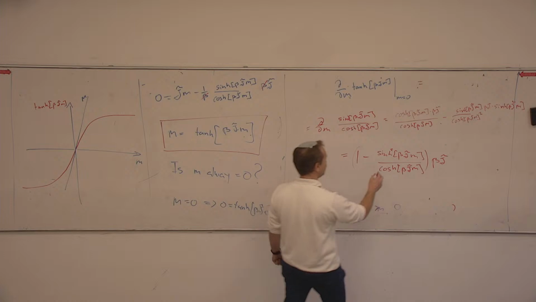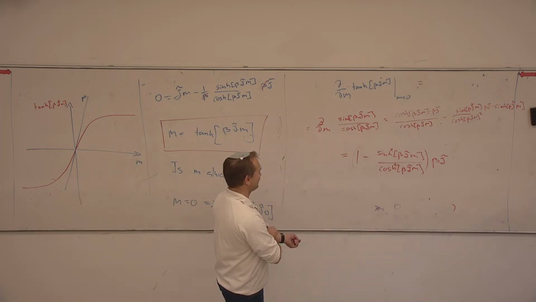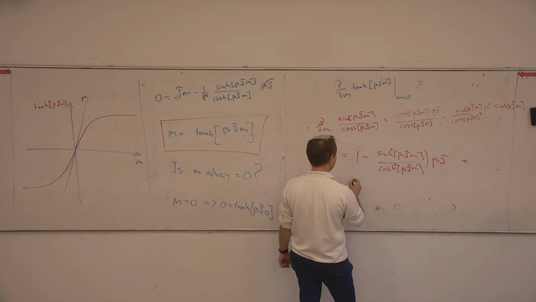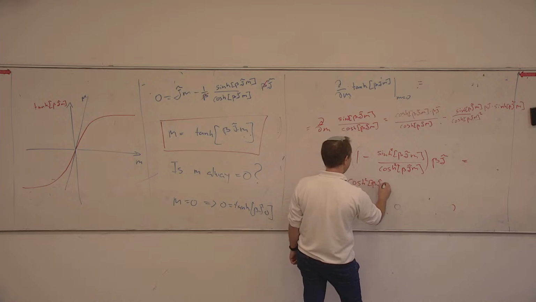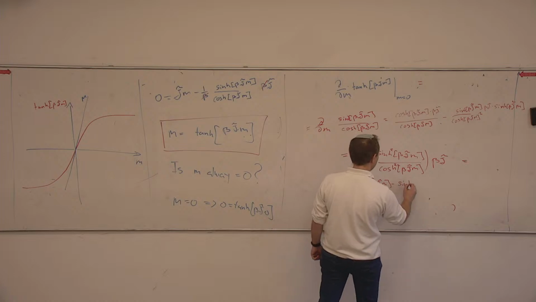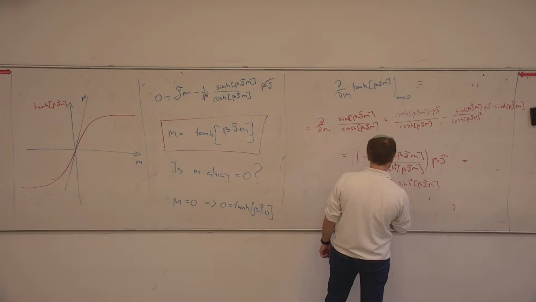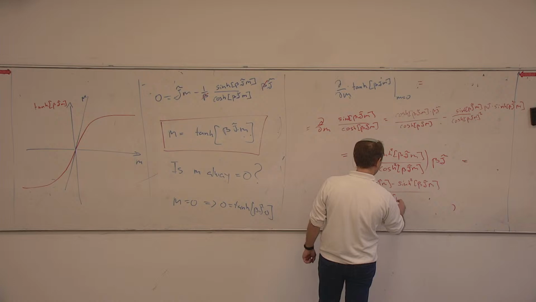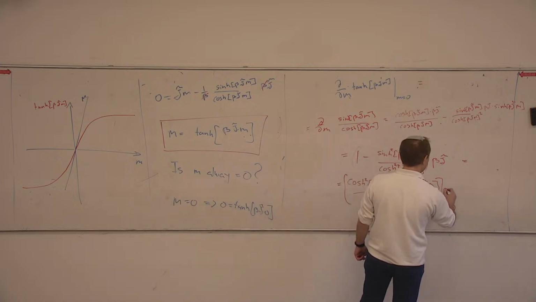The cosine is squared, right? So what we have is hyperbolic cosine squared of beta j tilde m minus hyperbolic sine squared of beta j tilde m, divided by hyperbolic cosine squared of beta j tilde m, multiplied by beta j tilde.